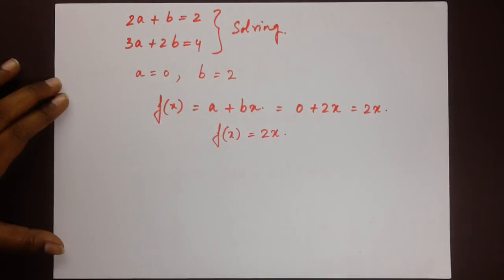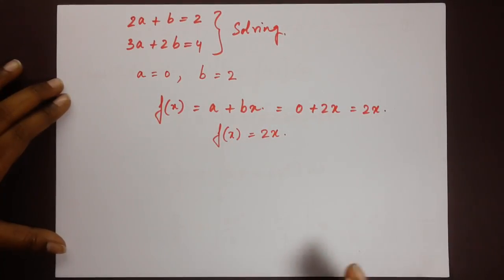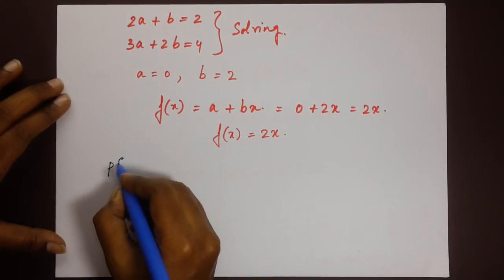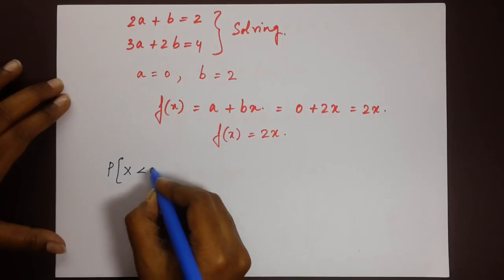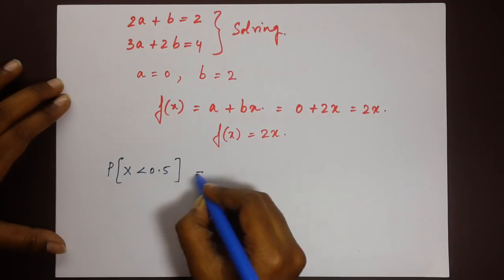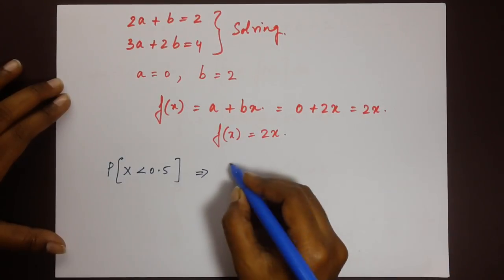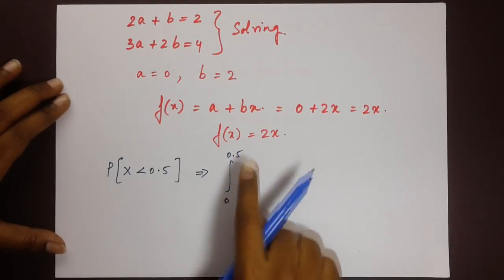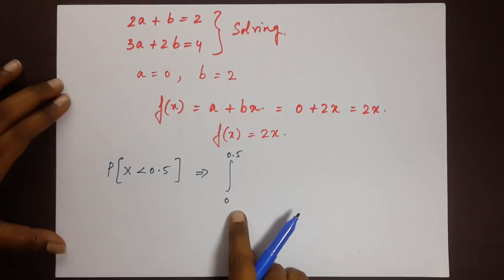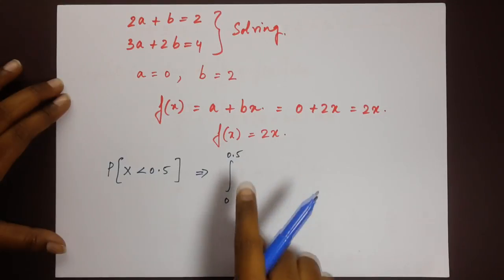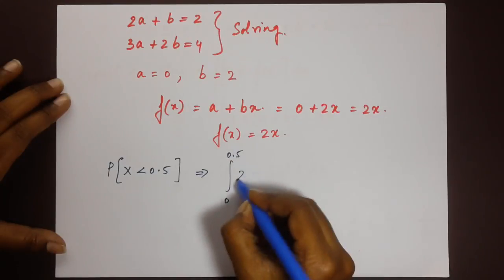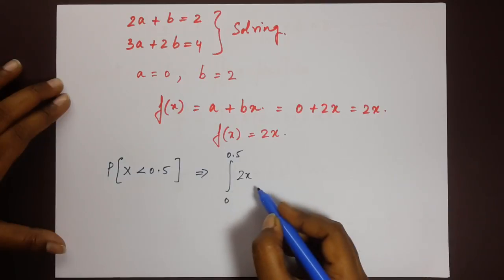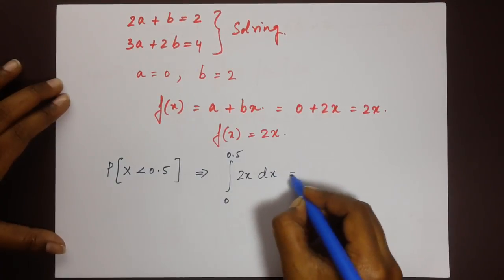So we have been asked the probability for x less than 0.5. So x less than 0.5 will give us integral 0 to 0.5. Now that's our duration, 0 to 0.5, 2x, that's f of x, dx.